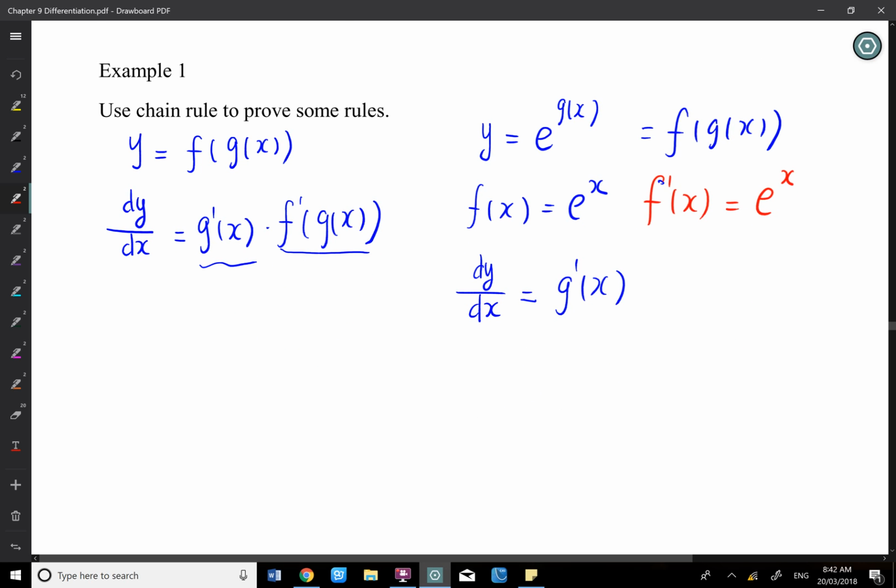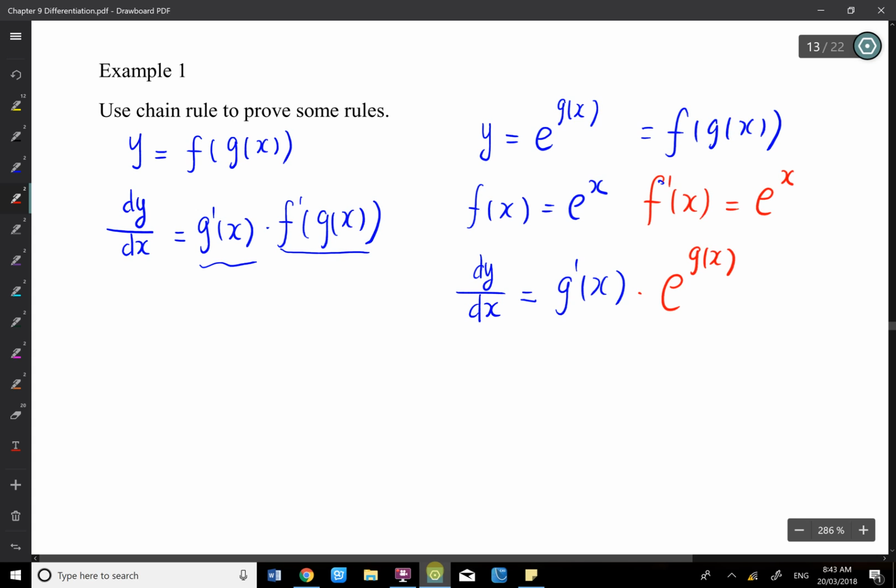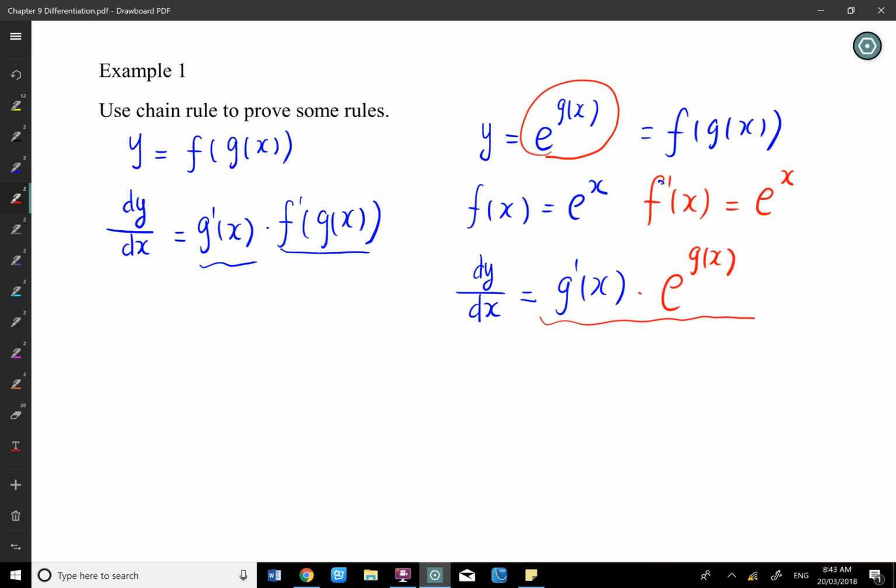Now, what's f dash of g of x? You put g of x into f dash x, and you still have e to the power of g of x. That's why e to the power of g of x gives you a derivative of g dash x times e to the power of g of x. That is actually using the chain rule to find this formula here.